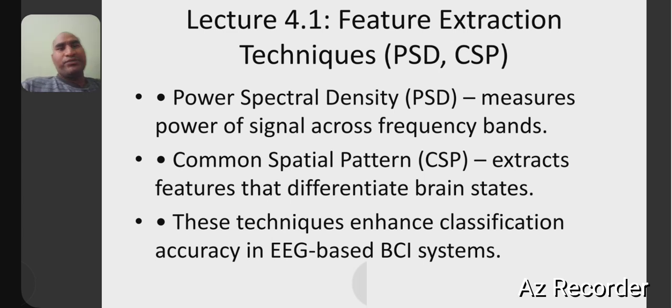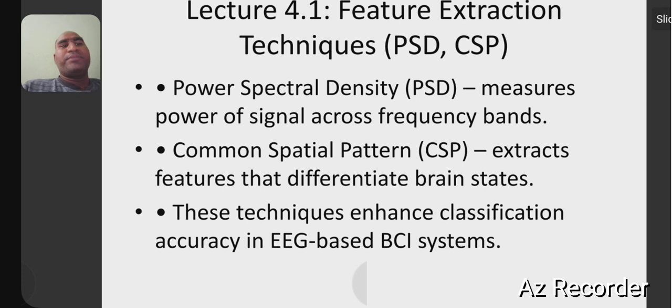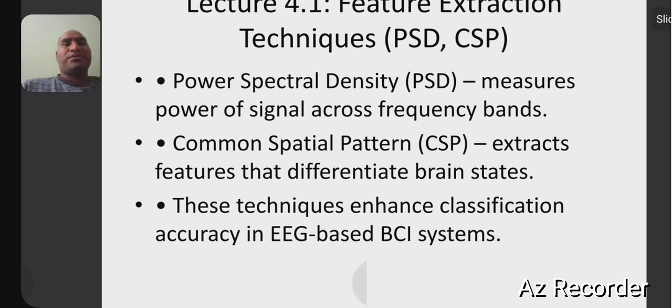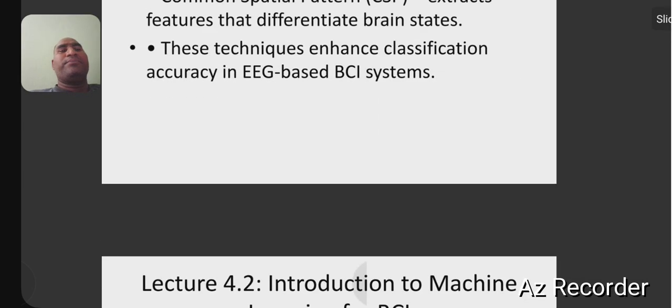It is majorly used in brain-computer interface for feature extraction, because with this technique in a BCI we can easily identify the different features and accurately classify the different patterns, so the accuracy increases and the application is also fruitful. These are the techniques which enhance the classification accuracy of EEG-based BCI systems.